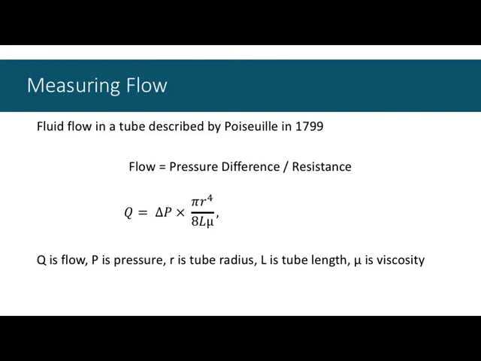Resistance is less easy to understand. Everything else that's separate from pressure we term resistance. And resistance will have the radius as part of that term. Viscosity will influence resistance. The length of the tube will influence resistance. More often than not, these factors are fixed.